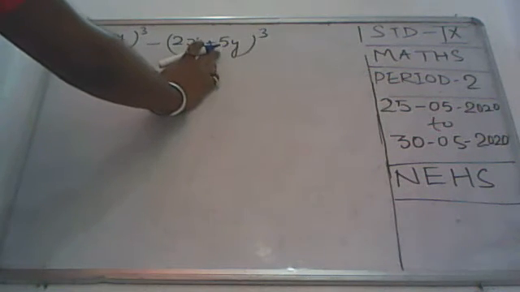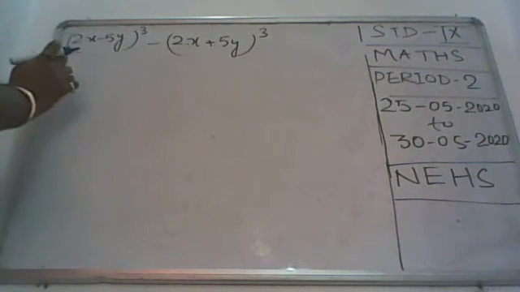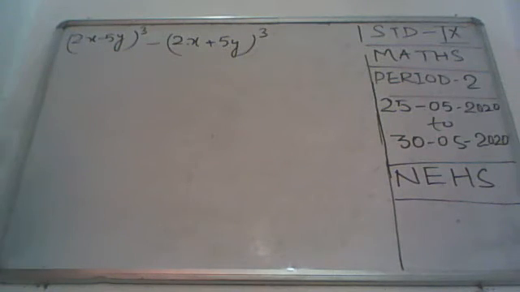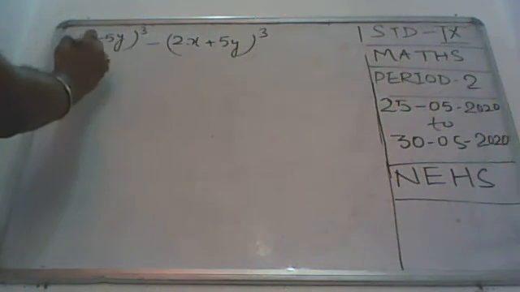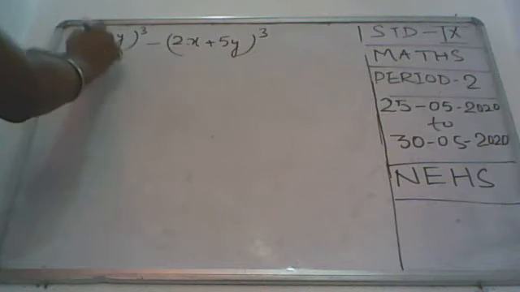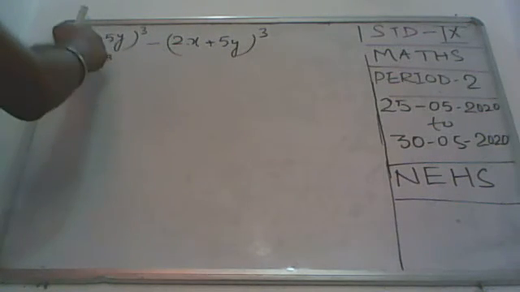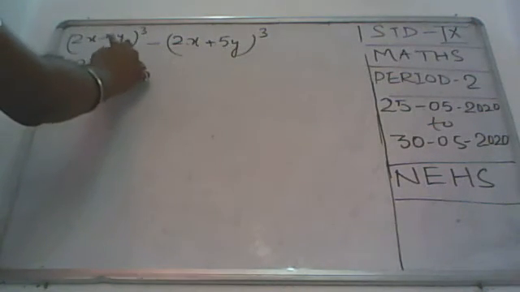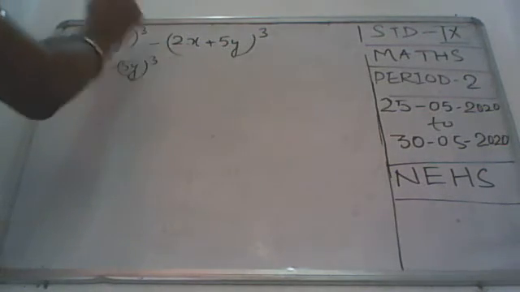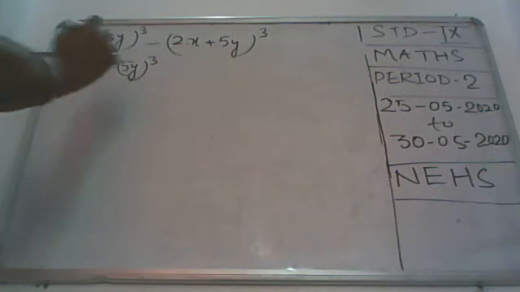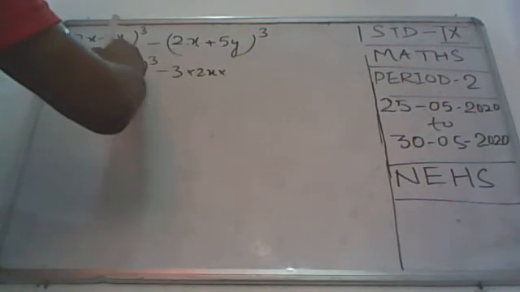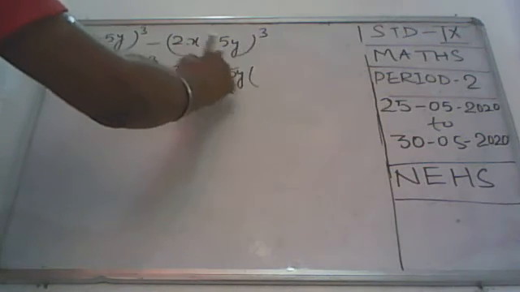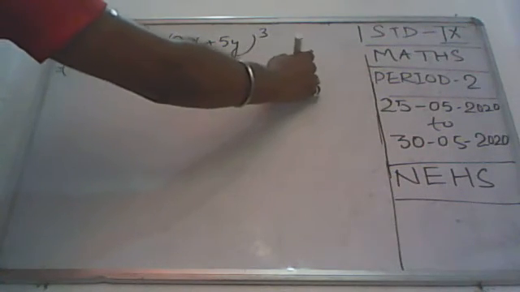So you can use this formula here only. Here same numbers are there, so we can say (2x) whole cube, it is (a minus b) whole cube, so minus (5y) whole cube, that is equal to, then minus 3 into 2x into 5y into (x minus y).